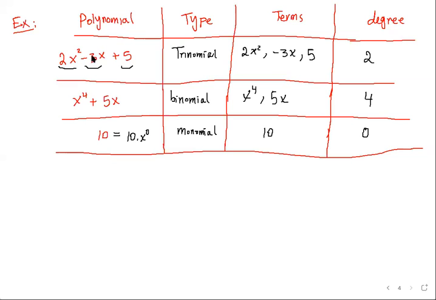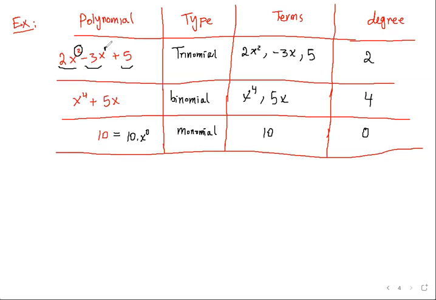Why? Because here the 3 is not the power. We look into the power. The power is the exponent for the variable. So the exponent for this variable is 2. This is the exponent. The highest power is 2 here.